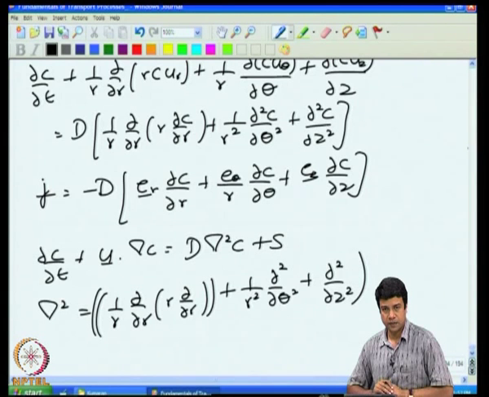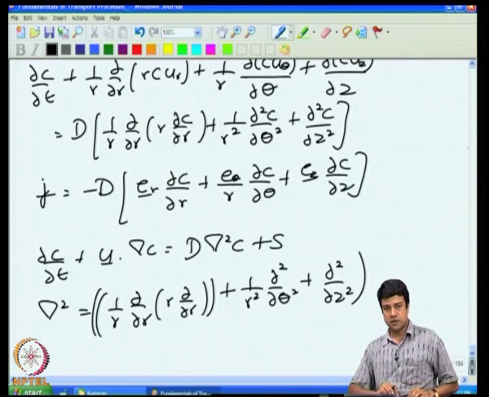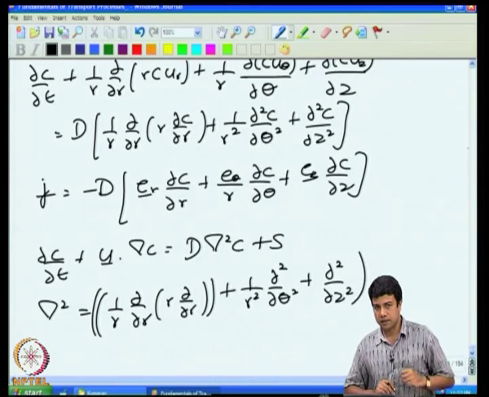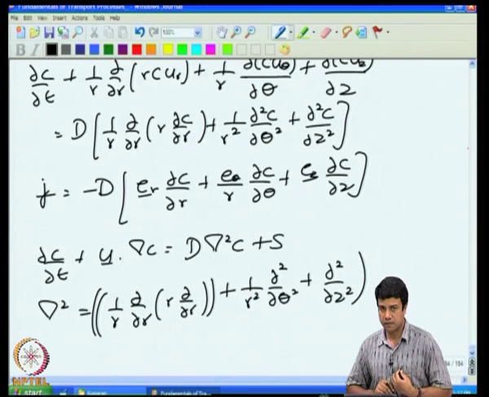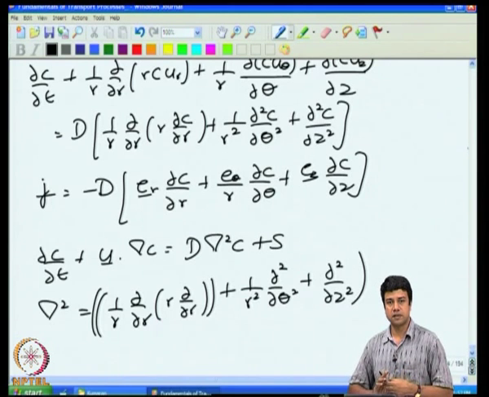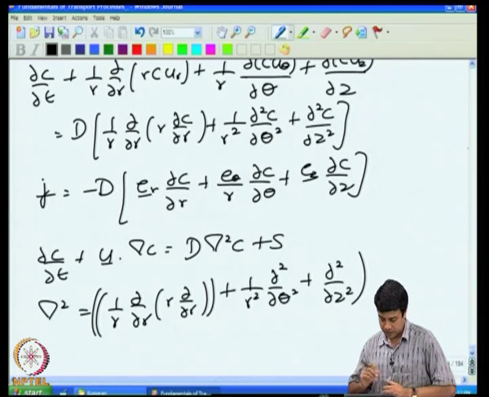Okay. And of course, the equation for the temperature for energy transport problems is of exactly the same form, except I substitute T instead of C and the thermal diffusivity instead of the mass diffusivity. Okay.